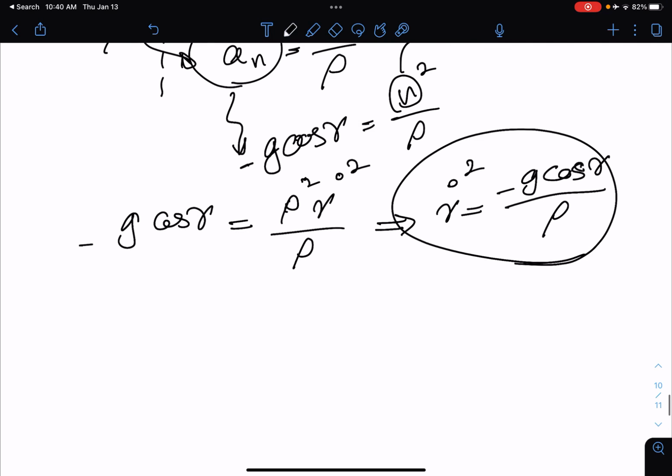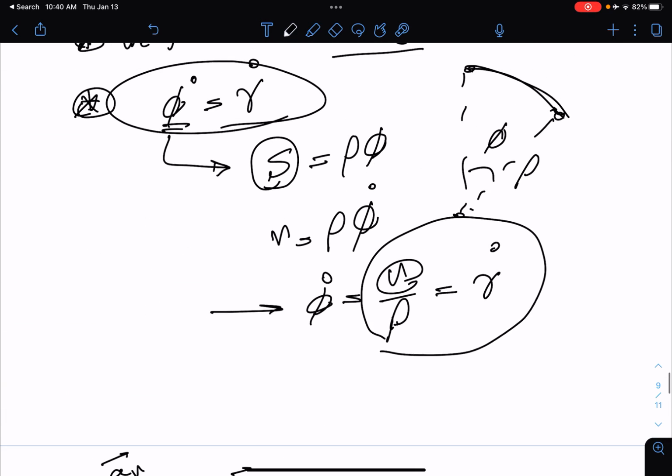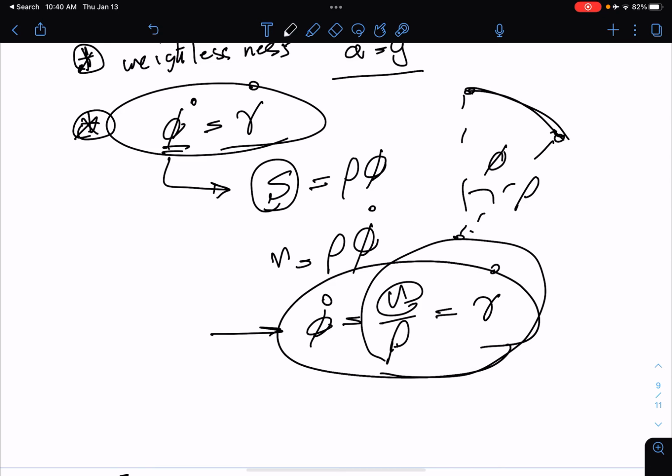If you look at your book, they have moved one of the gamma dot squares to the denominator and turned it into a velocity to make this also a function of velocity, because we already know that rho gamma dot from here is velocity, right?